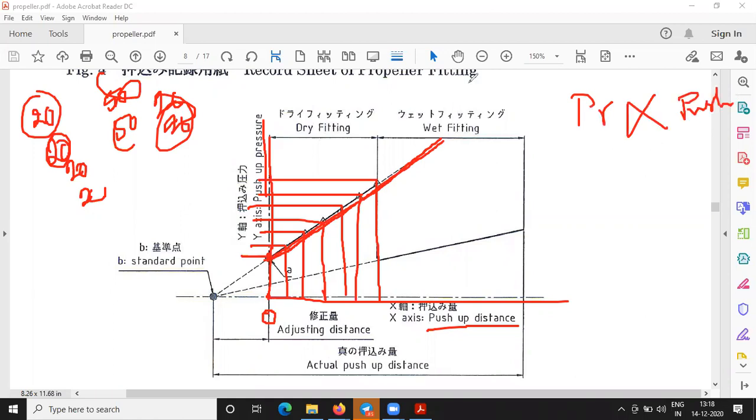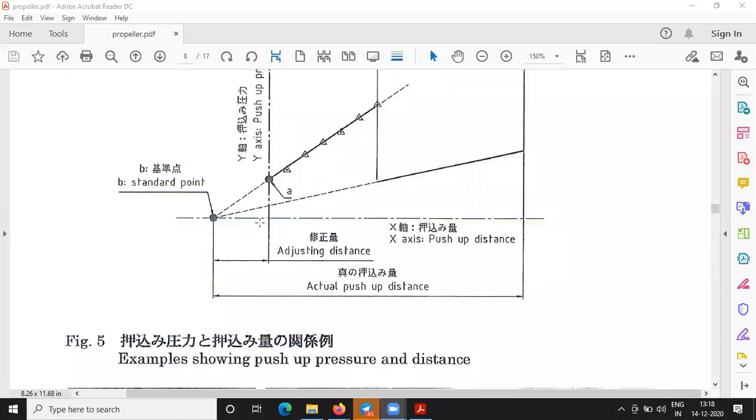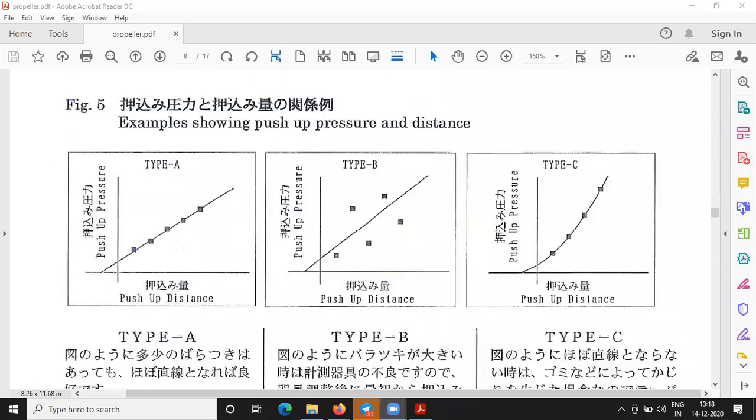Okay, now you see, how do we come to know that there is dirt or dust in the system? Just observe these three graphs. For the push-up distance I gave at equal intervals, there is equal movement of the push-up of the propeller boss taking place.